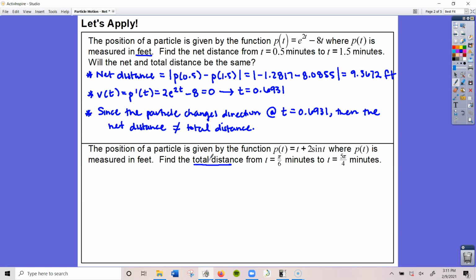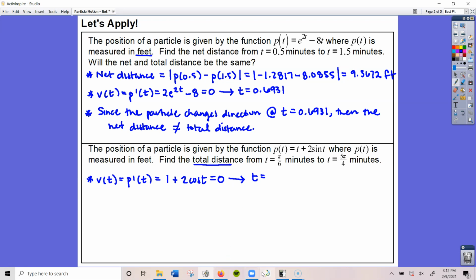So if I want the total distance, we're going to need to check if my particle changes direction. So once more, we need the velocity equation to see if it does change direction. So v of t, which is my derivative, is going to be 1 plus 2 cosine t. We'll make it equal to 0 so that we can solve for my critical number.